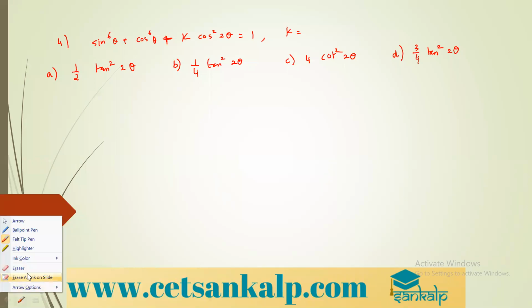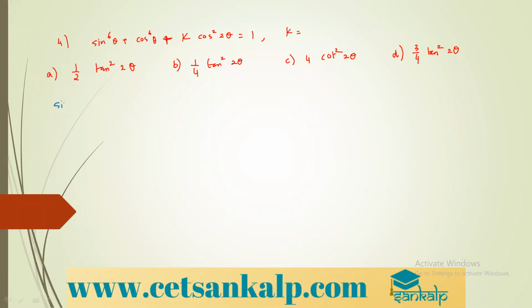In order to find the answer, I will start with what is given. Sine power 6 theta plus cos power 6 theta plus k cos square 2 theta is given as 1.